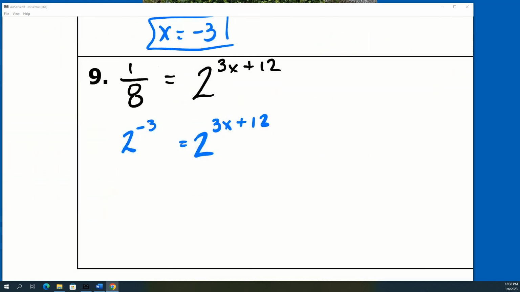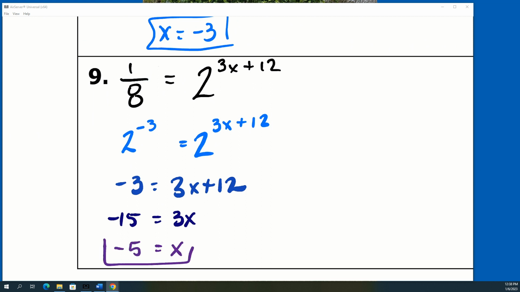So if I want that 8 on the bottom, it has to be 2 to the negative third. Then we can set the exponents equal. And we're going to get -5.